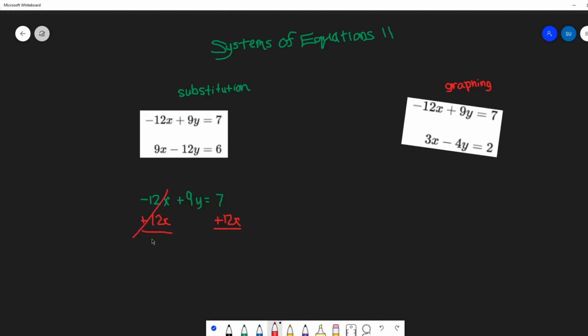So it becomes eliminated on this side, and you get 9y equals 12x plus 7. Now what you do is divide by 9 on both sides.